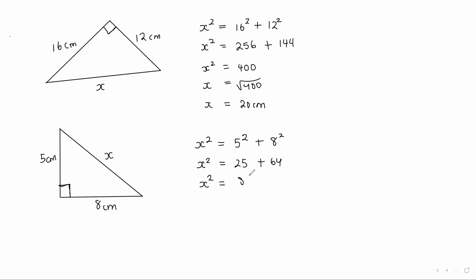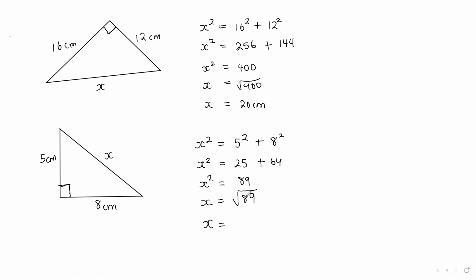Good. And then after x squared, round to one decimal place. Oh, wait, I got about 89. Square root of 89.